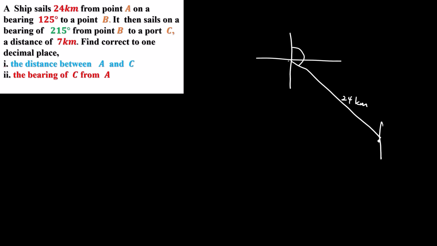So let's sketch it here. So 125 will look like this. So 24 kilometers. Let's call this side B. So we have A, then B. So that's the first statement, 125 degrees.